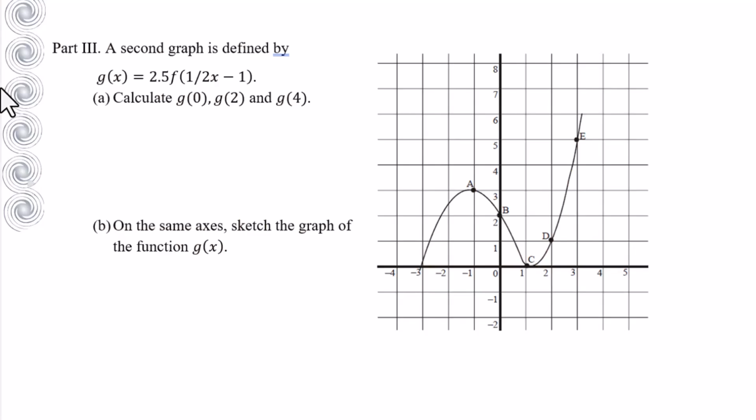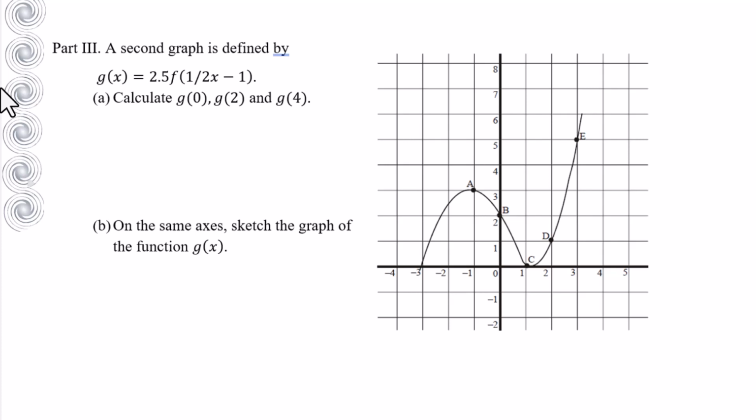Go to part 3. A second graph is defined by g of x equals 2.5 f of 1/2 x minus 1.